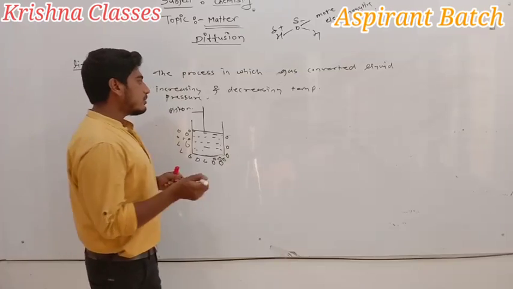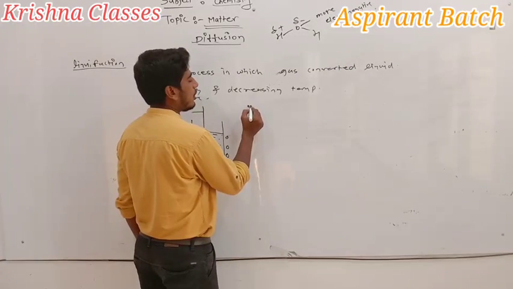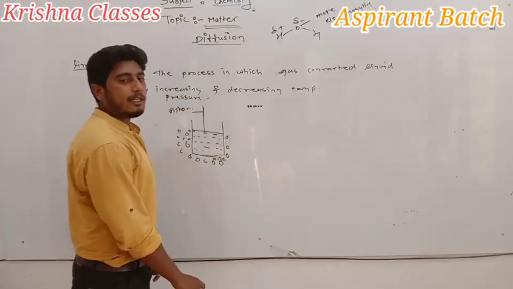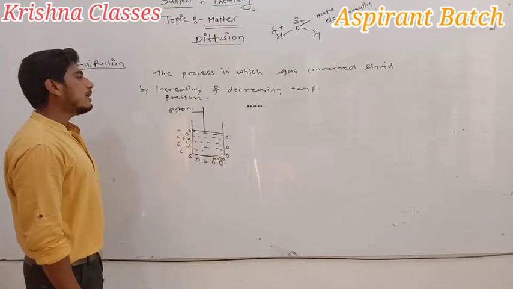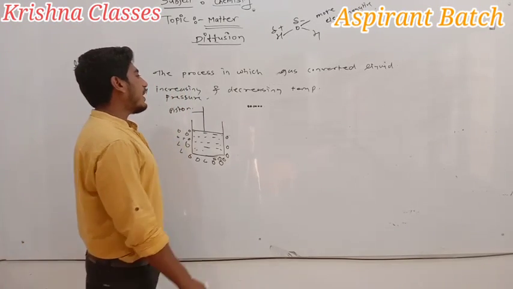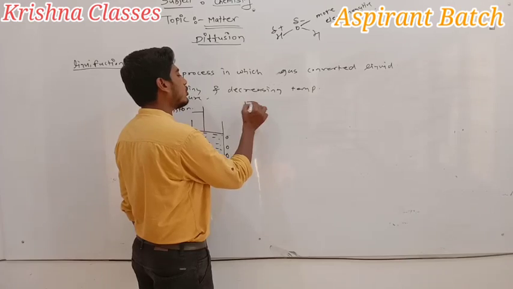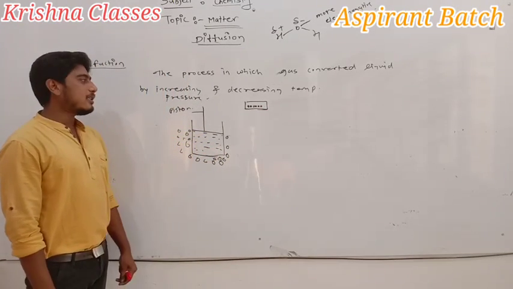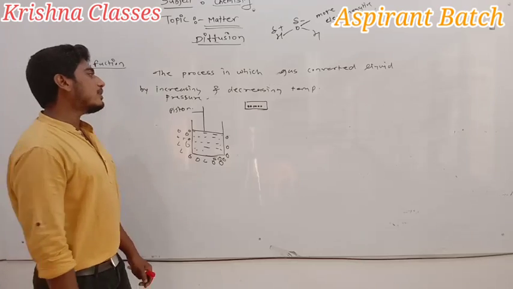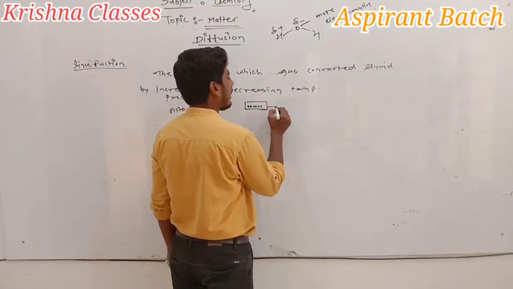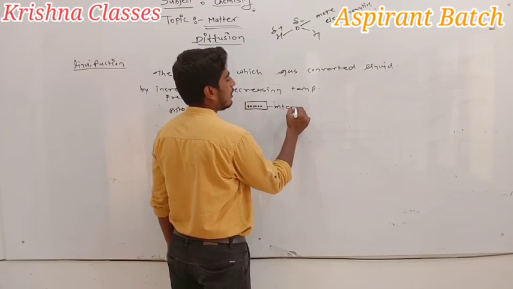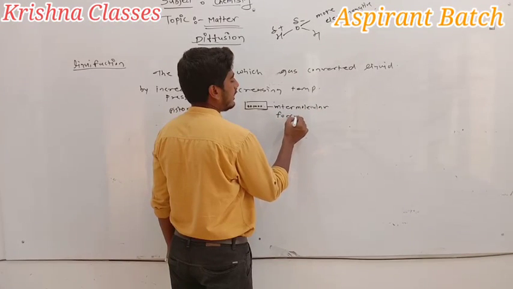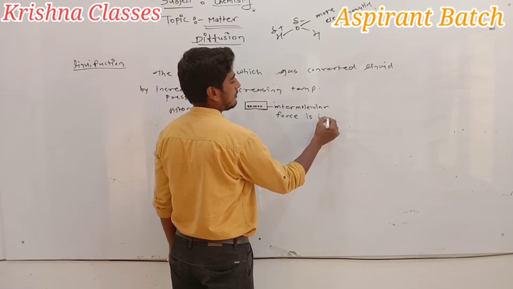In the solid state, the particles of matter are present very close to each other, so the density increases. The distance decreases, and due to the decrease in distance, the intermolecular force of attraction increases.